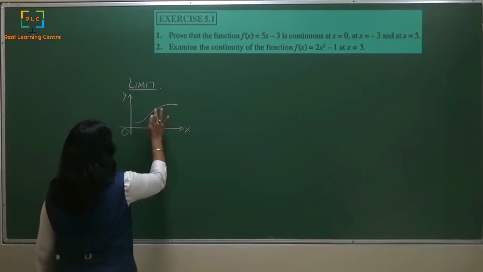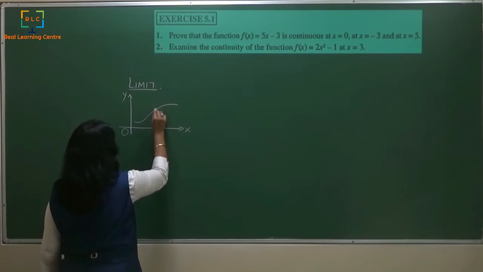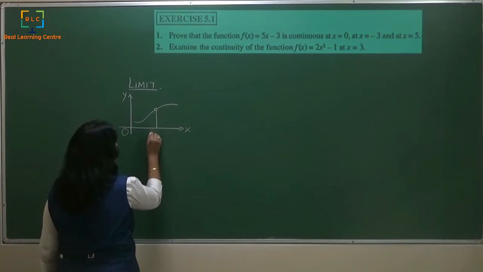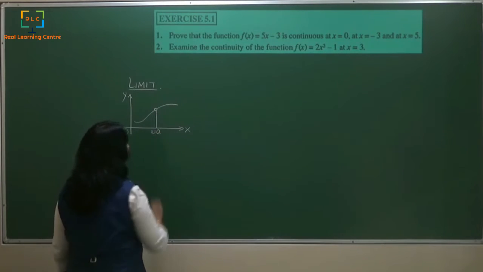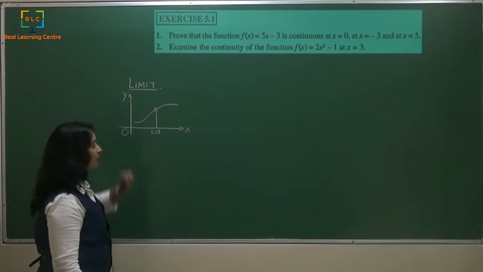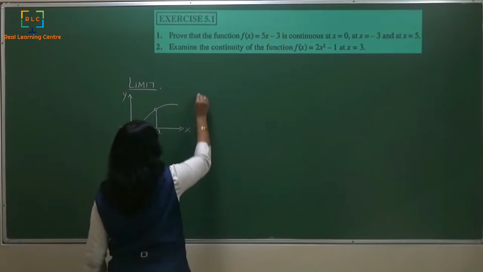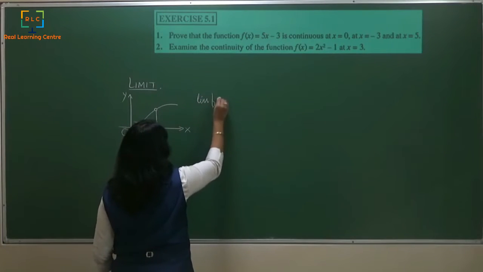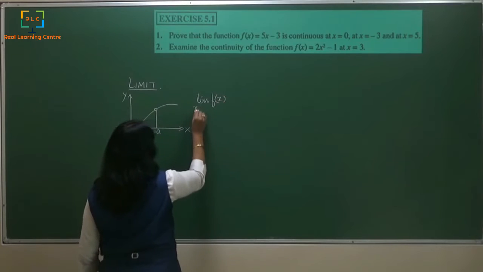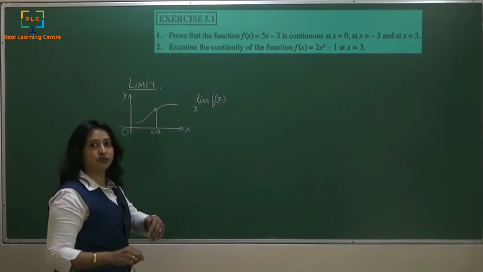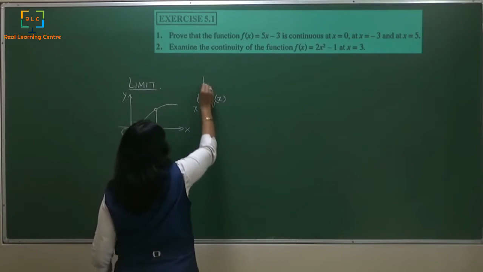Now suppose I give you a break at this particular point, and I will not get to know the value of that function when I put x is equal to a.